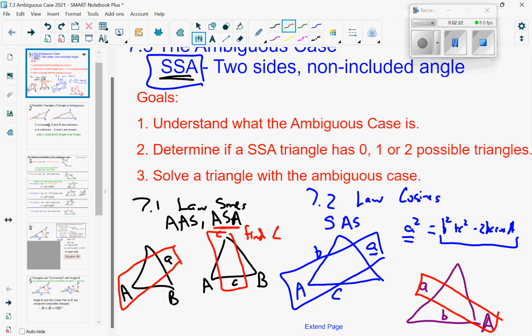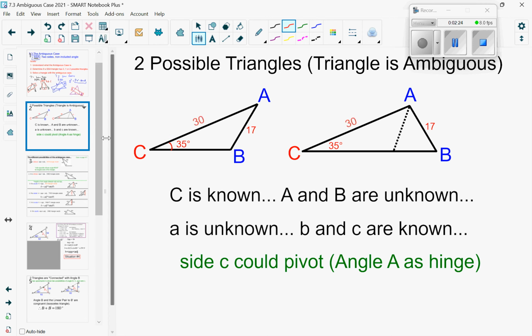So whenever side-side-angle comes up, we have what's called a potential ambiguity. Technically, this triangle can exist as well as this triangle, even with those exact same measurements, because I don't know those other pieces.